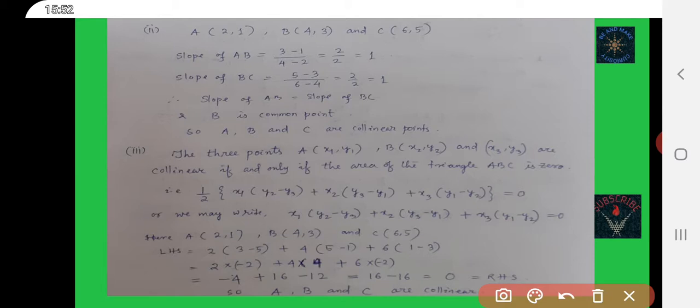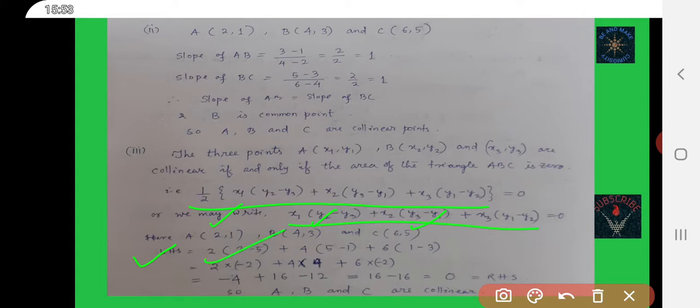So you take the LHS, then you apply here x1, here 2, then y2 minus y3, that is 3 minus 5.